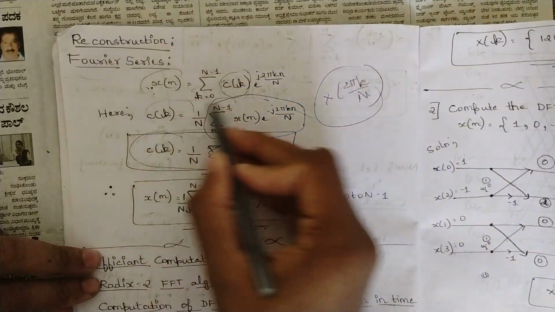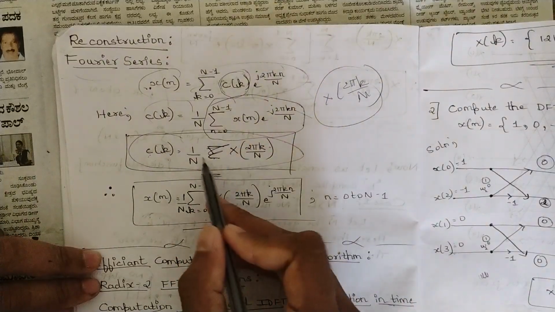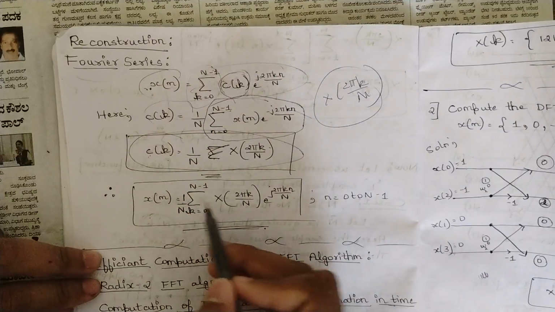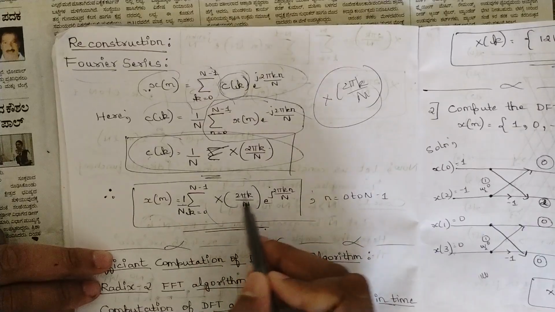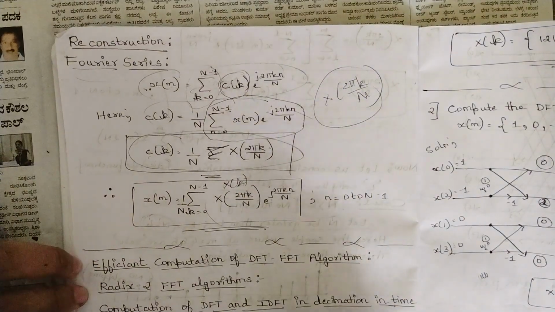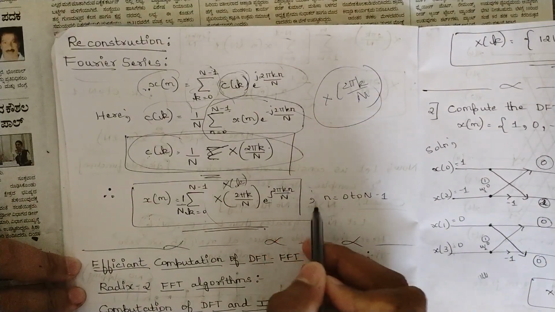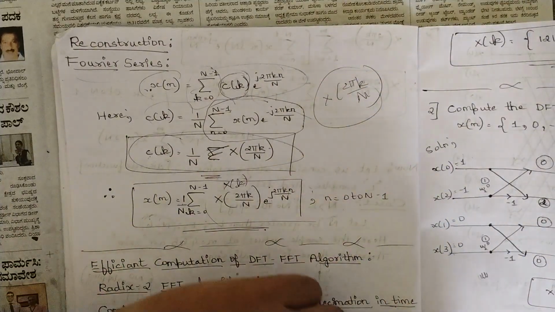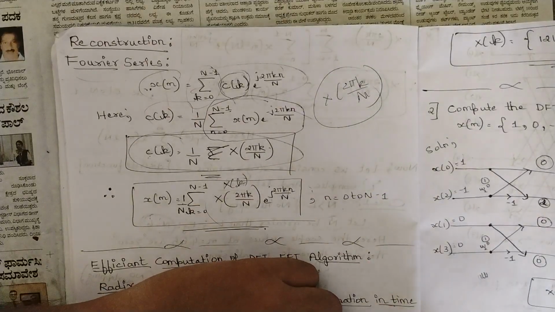Now in the first equation substitute the value of c of k, that is x of n is equal to 1 by N, you put it outside, summation of k equal to 0 to N minus 1 remains as it is, X of 2 pi k by N, that is the DFT, or in the formulas we have derived it as X of k, into e power j 2 pi k n by N, where n is equal to 0 to N minus 1. So in this way you should be getting the reconstruction equation.